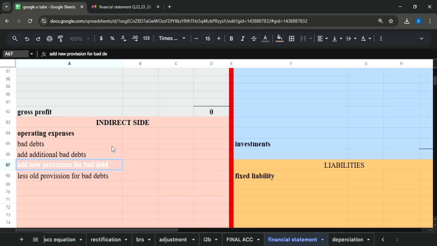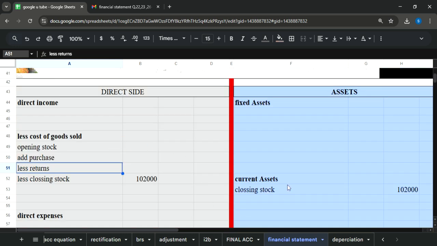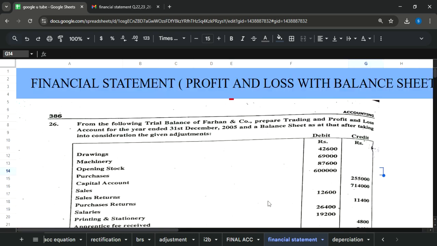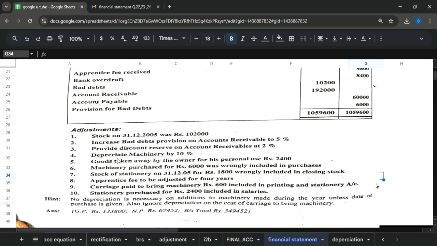We will start our procedure from current assets. Here you will write sundry debtors first. Let's see where sundry debtors are.